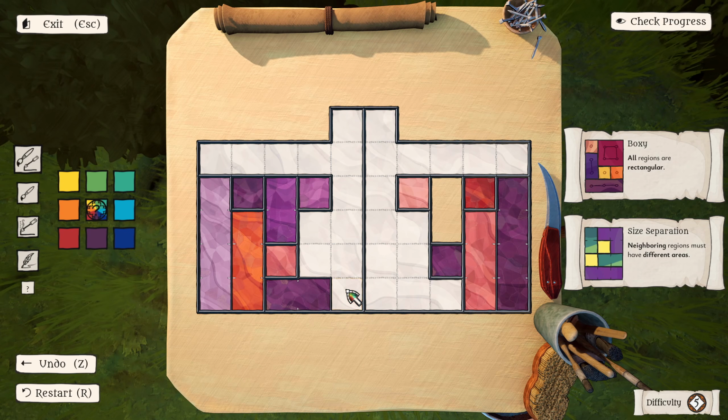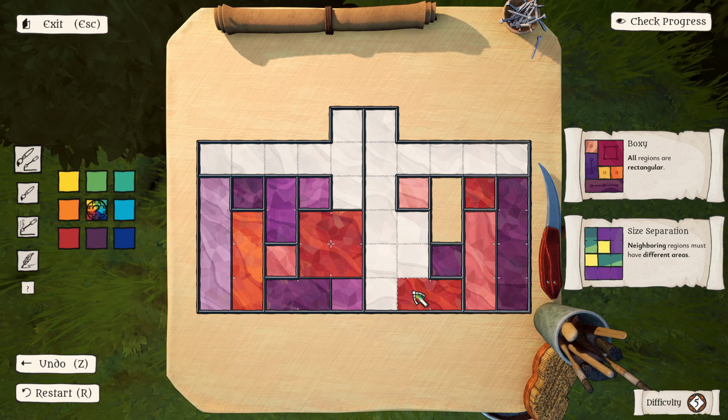This could be a 1. This can't be a 1. It can't be a 2. It's a 4. Put that in. This can't be a 1. Must be a 2. Because it can't be a 3.